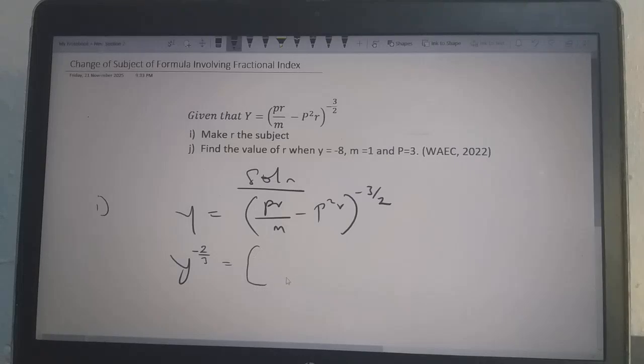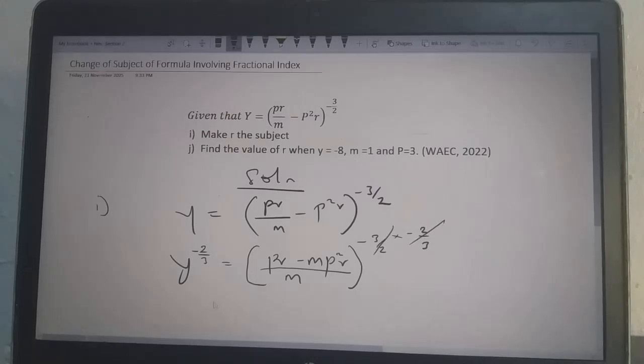I can settle this one at once. So I'm going to have PR here minus np square r, and then by the time I multiply it by 2/3, this times -2/3, this one will cancel out.